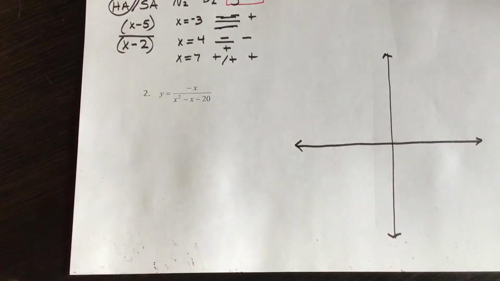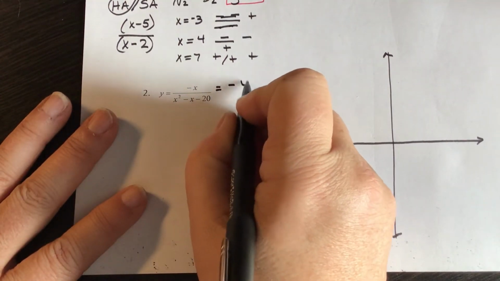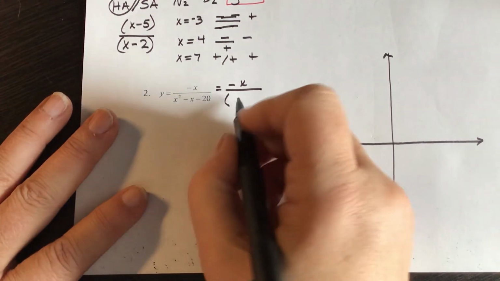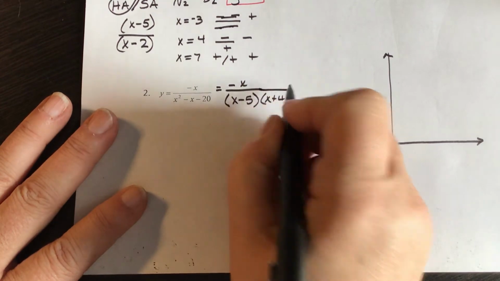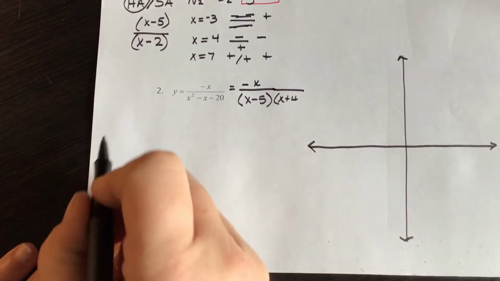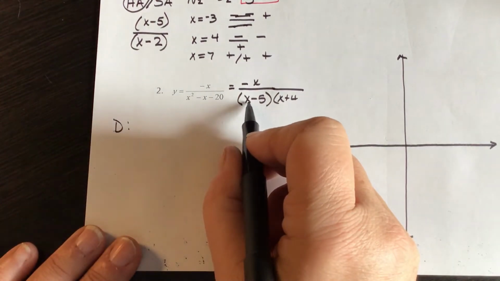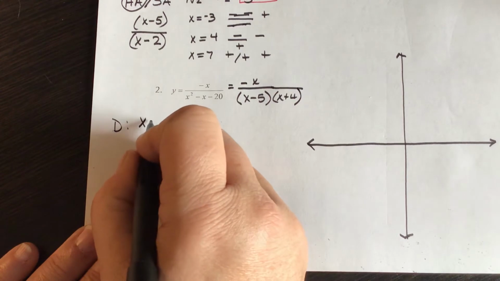Number 2, I need to factor. So I have a -x on top, and on the denominator, I have an x minus 5 and an x plus 4. My domain is x cannot equal 5 and x cannot equal -4.